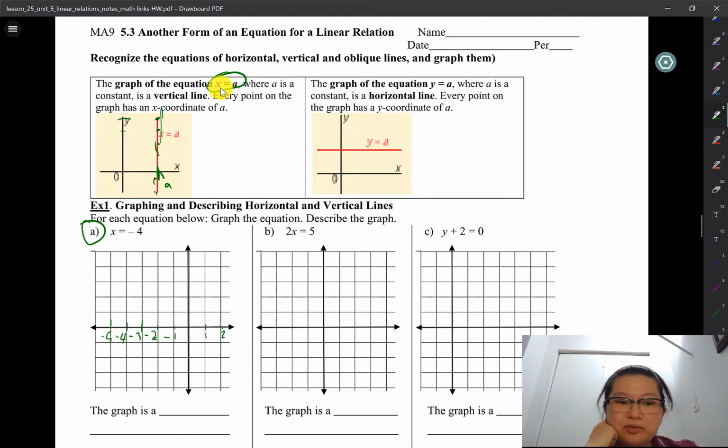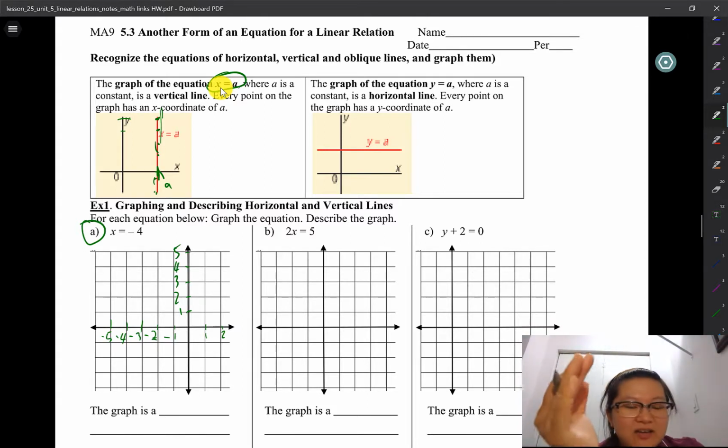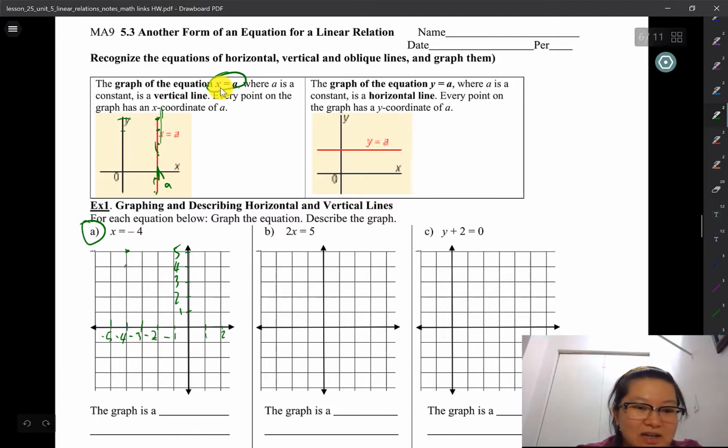Now, if I had to plot x is equal to -4, it means it doesn't matter what y is equal to, 2, 3, 4, 5, whatever, my x is always going to be -4. Even if my y is 5, my x is still -4. If my y is 4, my x is still -4.